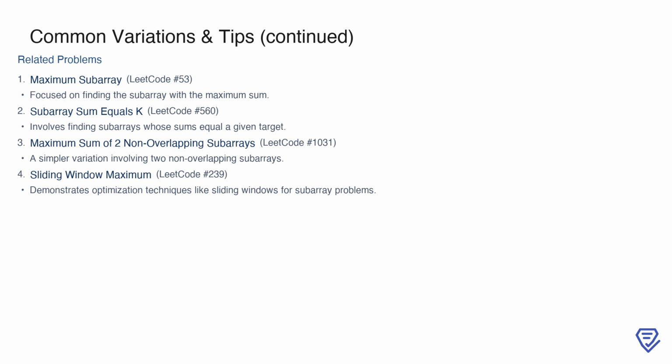For a variation closer to this problem, consider LeetCode number 1031, the maximum sum of 2 non-overlapping subarrays, which simplifies the task by reducing the number of subarrays to 2. Lastly, LeetCode number 239, Sliding Window Maximum, demonstrates optimization techniques like sliding windows that are highly relevant for solving subarray problems efficiently. Exploring these related problems can help you deepen your understanding of common patterns and strategies in subarray-based challenges.